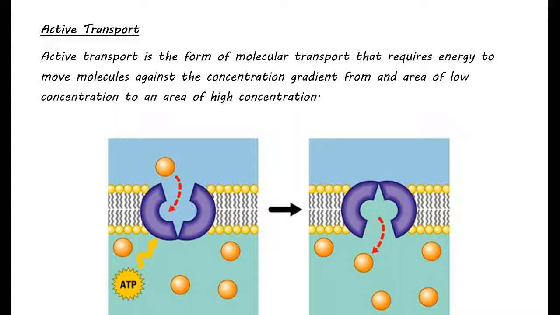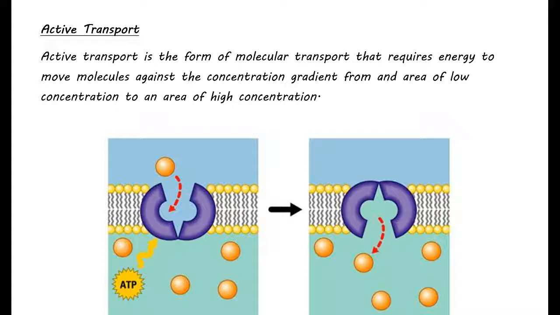All right, so what we just talked about were forms of passive transport. The molecules were moving with the flow from an area of high concentration to an area of low concentration. But what if we want to take molecules against the gradient and move them from an area of low concentration to an area of high concentration?